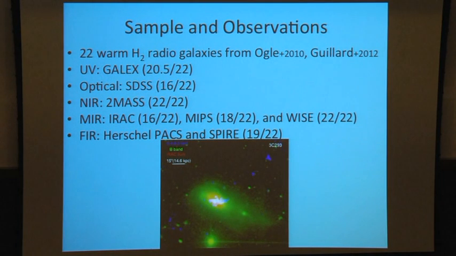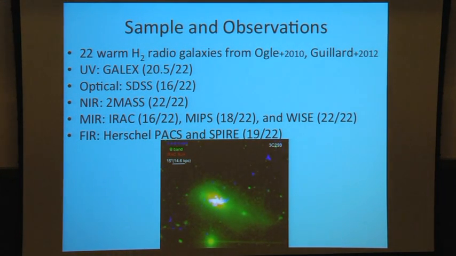The specific sample that I'm looking at is 22 galaxies from a sample of Ogle and Guillard, all of which are radio galaxies, all of which have this warm H2 emission. I'm using data from the ultraviolet through to the far infrared, primarily GALEX, SDSS, 2MASS, Spitzer, WISE, and Herschel, supplemented where necessary with IRAS and UBV photometry from the literature in the few cases where I'm missing those data.